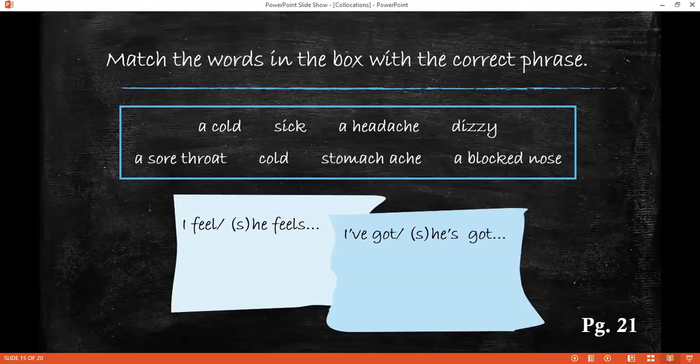These are the phrases; you have to choose a word from the box that goes correctly with these phrases. And the second one is I have, or she's got, he's got. So this is the way you can use it. I'll give you a minute to complete it.